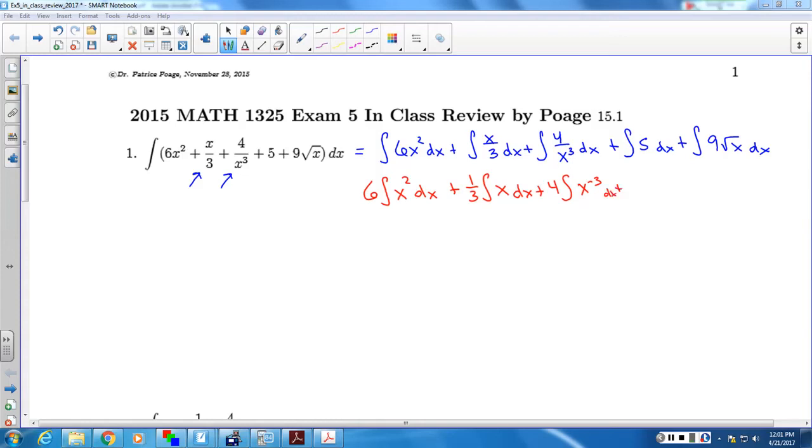On this one, I'm going to pull the 5 out. And on this one, I'll pull the 9 out. I'm going to rewrite this as x to the 1/2. So then I'm going to integrate.